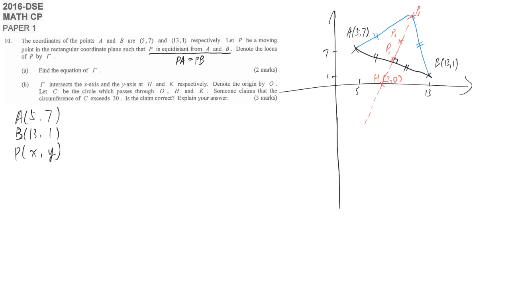And K is, if we extend the line, somewhere here. The coordinate is (0, something). Denote the origin by O. Let C be a circle passing through O, H, and K. Someone claimed that the circumference of C exceeds 30.